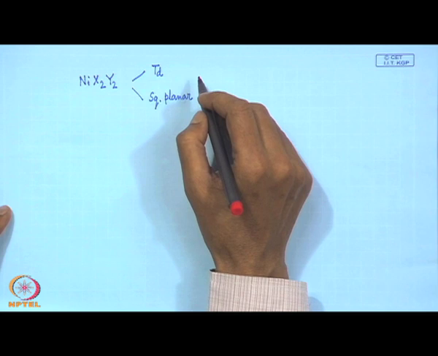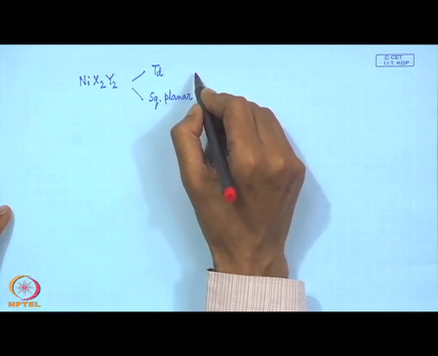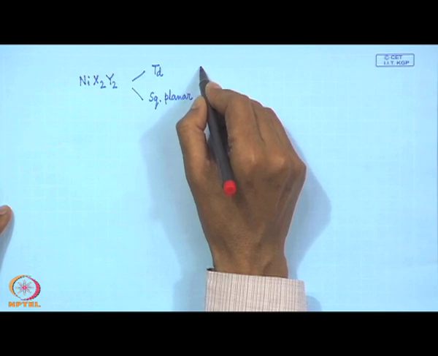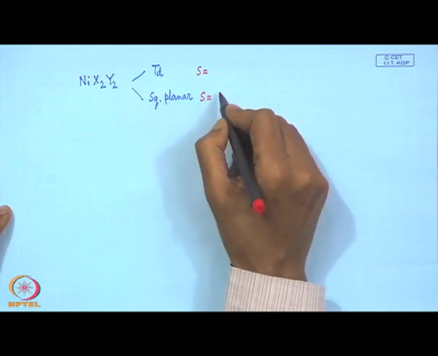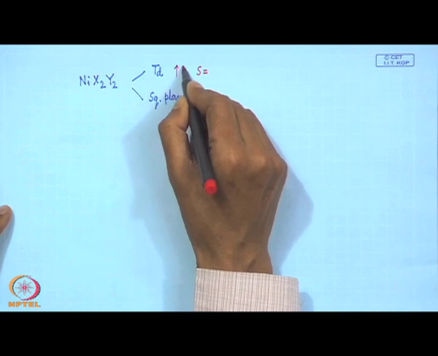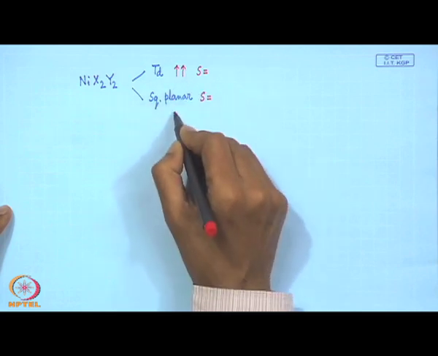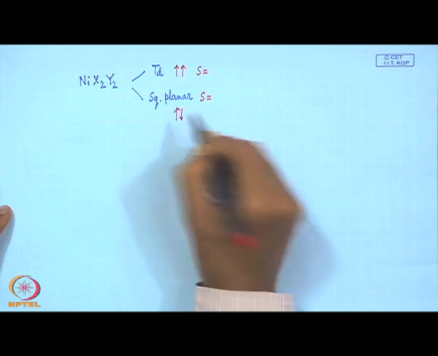We will find in all these cases the number of unpaired electrons would be different. So, we can have S equal to some value here, S equal to some other value there. In the case of tetrahedral geometry we have 2 unpaired electrons, but here all the electrons are paired.